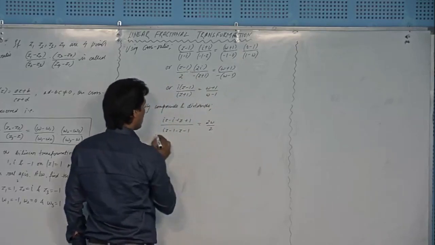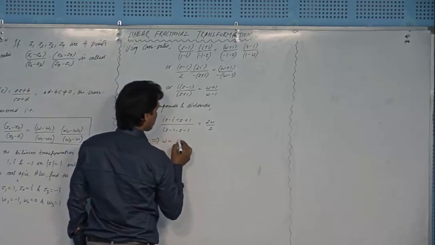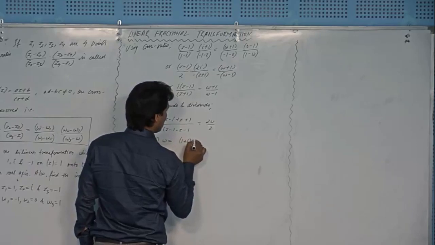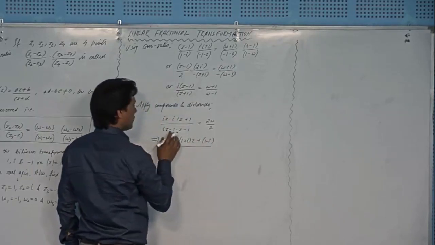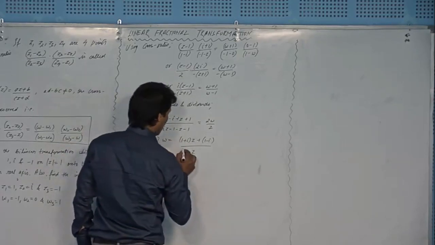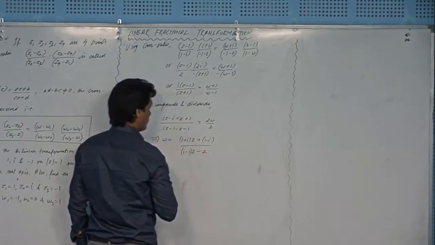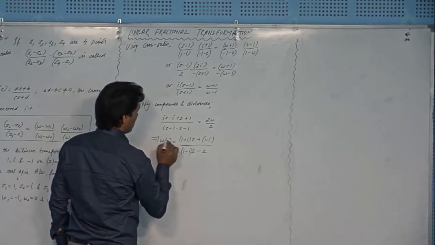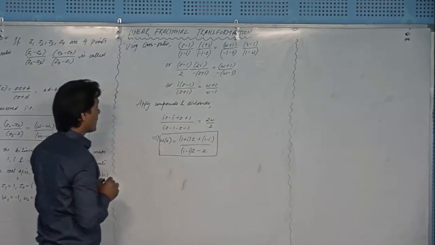And 2 and 2 will be cancelled out, that will produce w equal to this thing, I think iota 1 plus iota z plus 1 minus iota over, and the denominator I will be having z iota minus 1 and minus 2, right? So this should be the transformation, right?